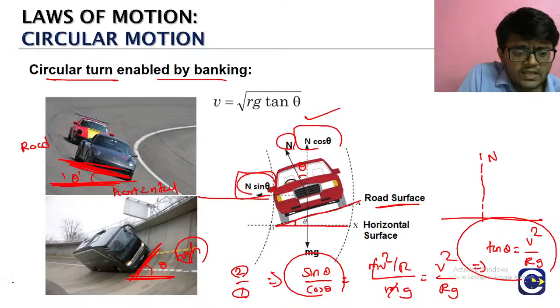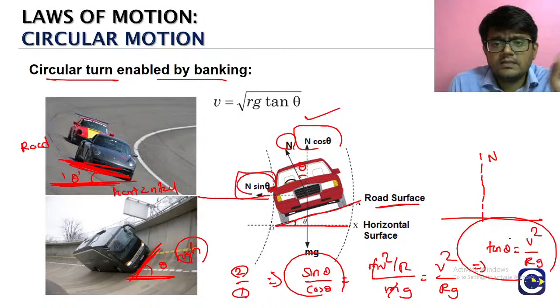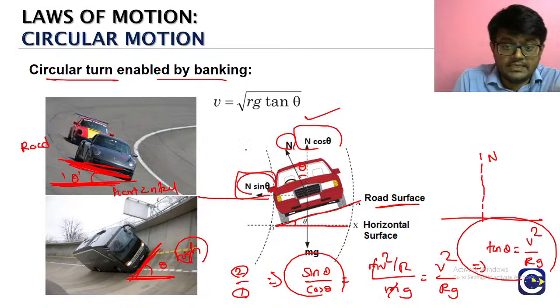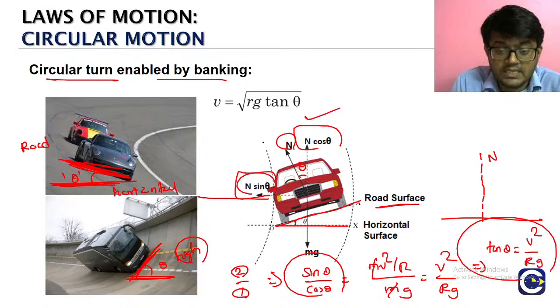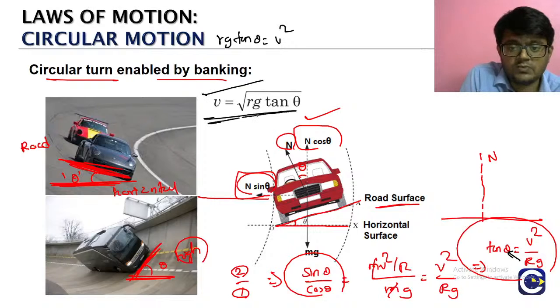And from here we can also find the speed that will correspond to the given angle of banking. Like, if you already have a road which is having an angle of banking and radius of curvature, then what is the corresponding velocity the vehicle can have? Look at this, just cross multiply. We have rg into tan theta is equal to v square, means the corresponding v is root of rg tan theta.